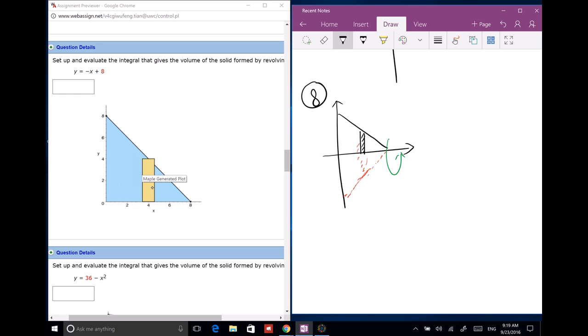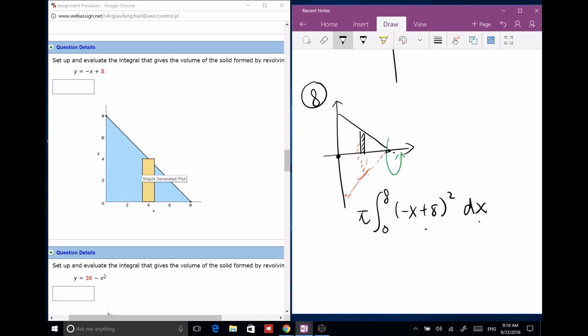So if you use the disk method, you just do pi r squared. R is negative x plus 8, squared, dx. And then you take the integral as r changes from here to here. This is just the x, right? Then pi r squared times dx, integral from 0 to 8. Does that make sense?